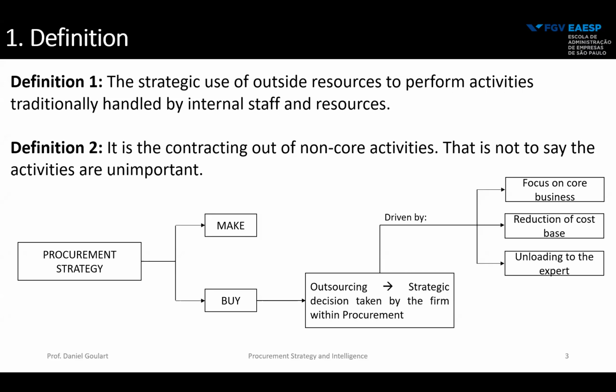They don't need to produce. They don't need to invest in farms. They don't need to stuck money in farms to produce those commodities. They just need to go to the market and shop it. Okay, so all of this has deep relation with the decision to make or buy, the decision to outsource or not.